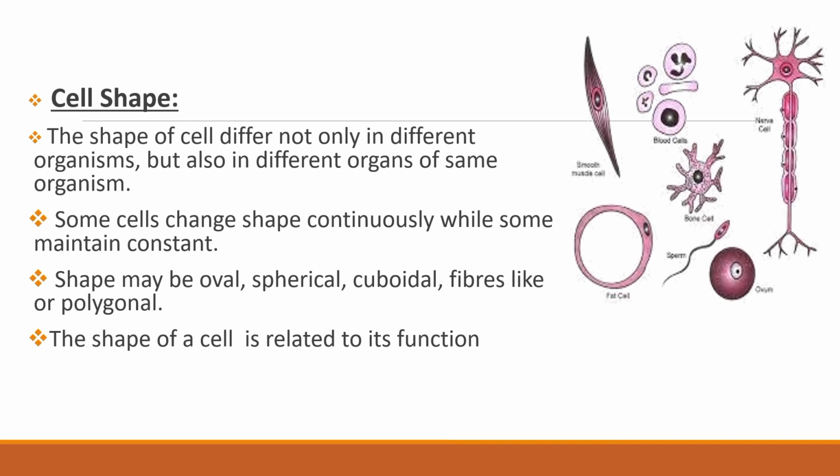What does that mean? It means that the shape of the cell does not differ only from one animal to another, but also among the organs in our own bodies, within a single organism.